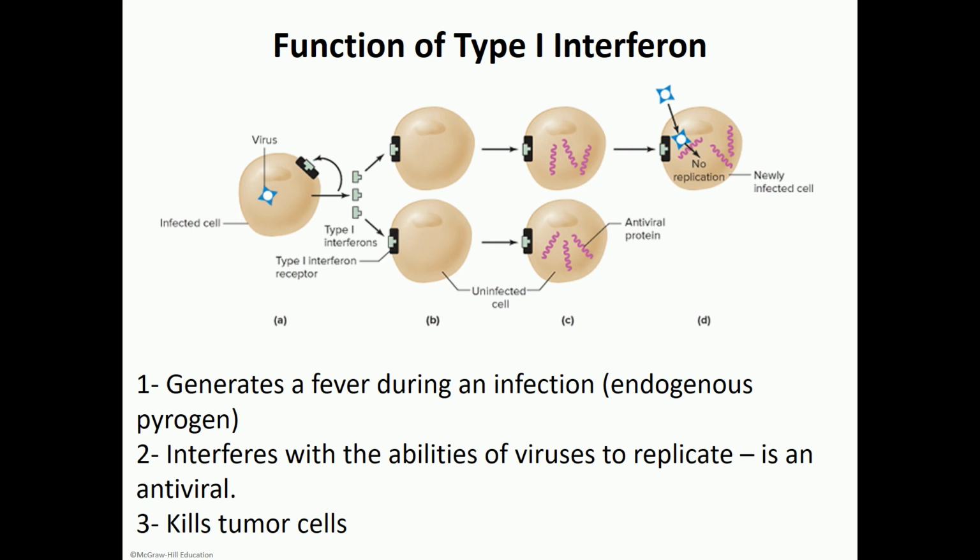Now for interferons, and whenever you hear the word interferon, you want to think of two different things: viruses and tumor cells. One of the chemicals that will come out of a cell that is infected with a virus is an interferon known as interferon 1 or type 1 interferon. And basically, to understand how interferon 1 works, we need to understand how a virus can infect a cell.